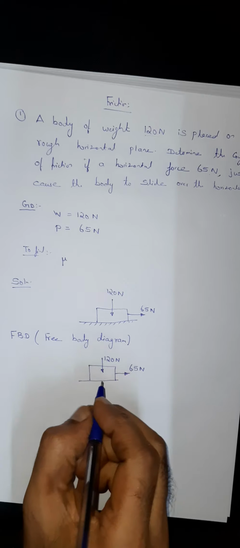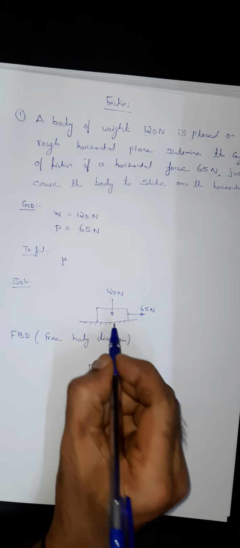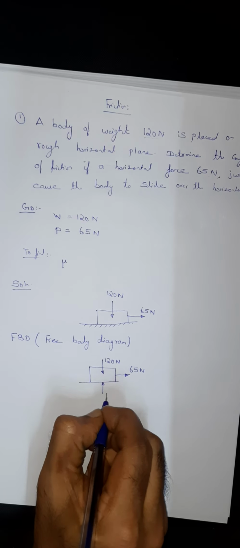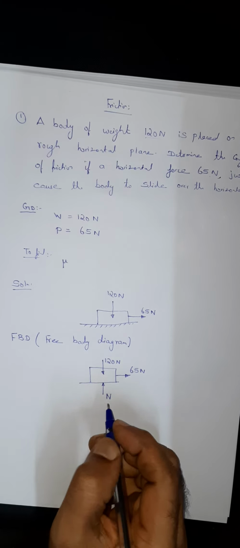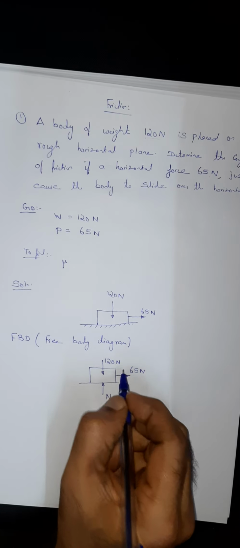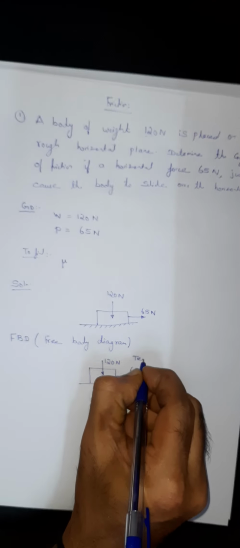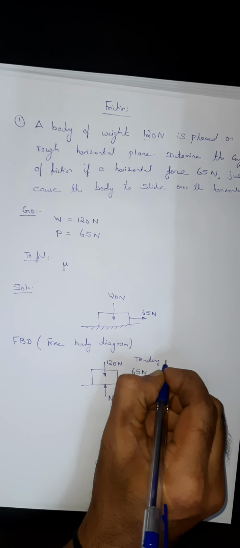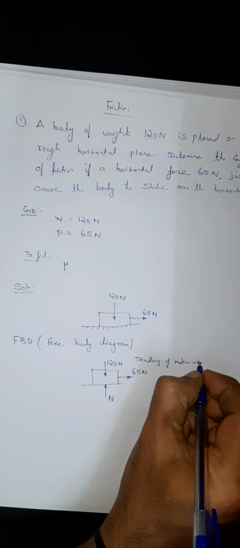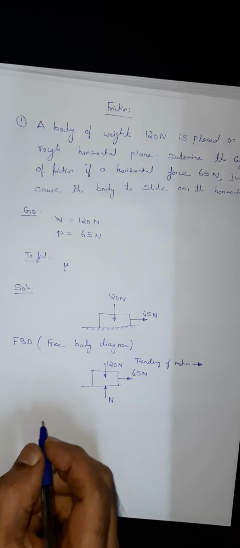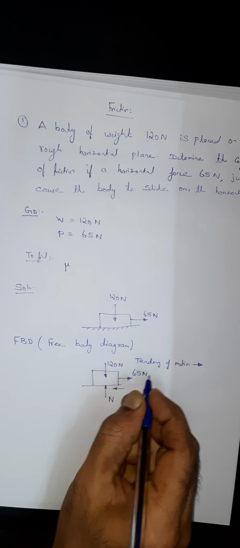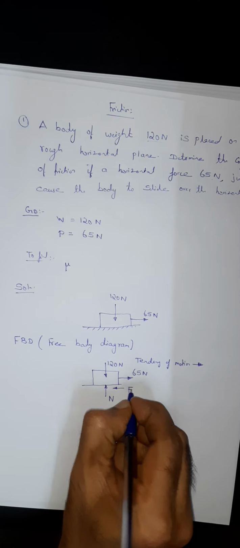As you all know, when two bodies are in contact, there will be a normal reaction, which can be represented as N, perpendicular to the surface. Since the tendency of motion is in the positive x direction, the friction F will act opposite to the motion.